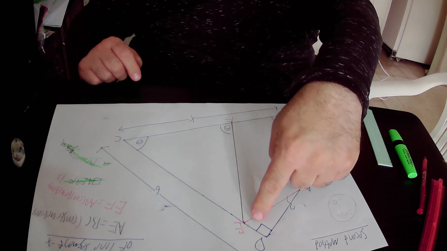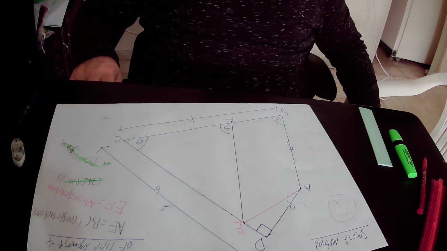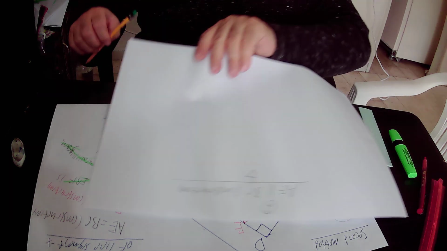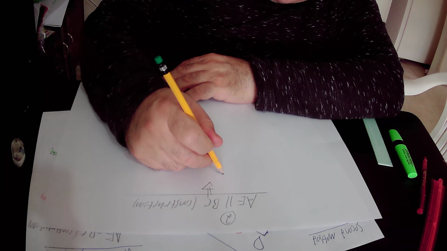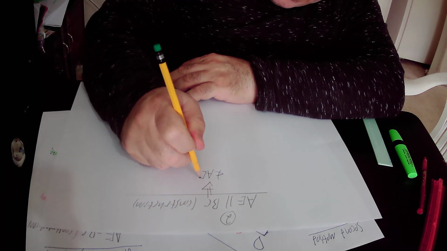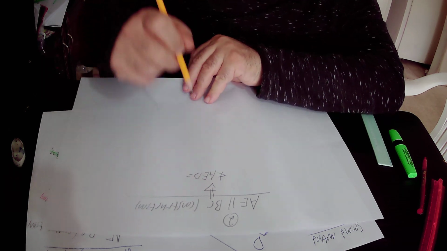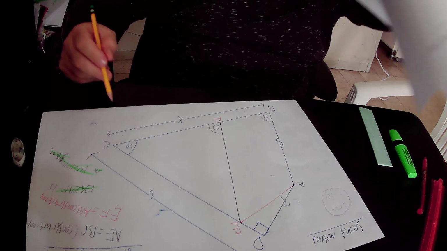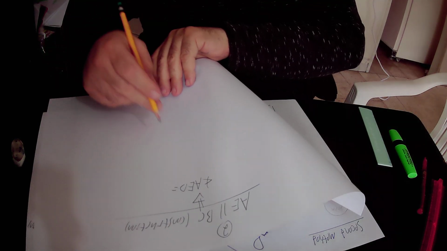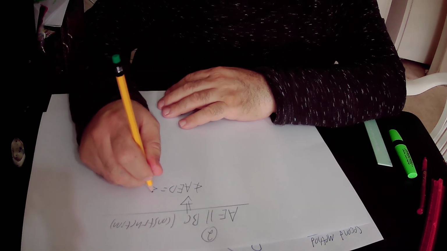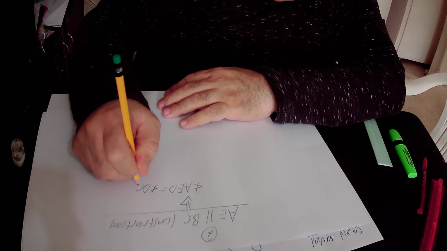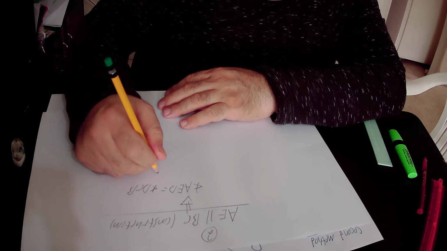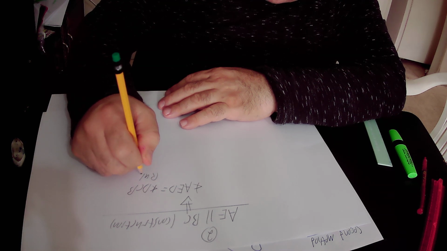So this angle, angle AED, will be equal to this angle, angle DCB. And they are equal to each other according to rule number 3.